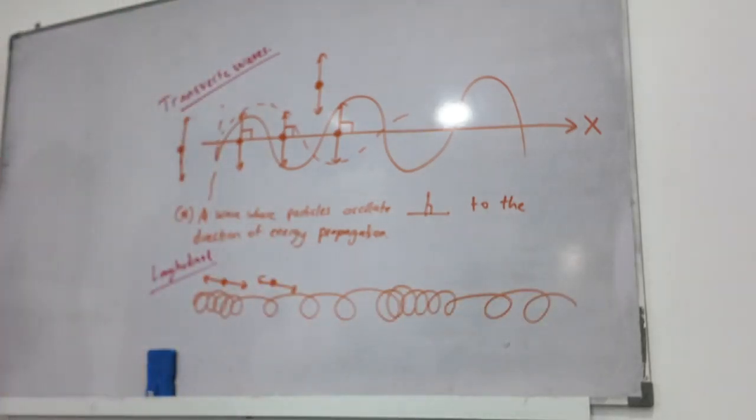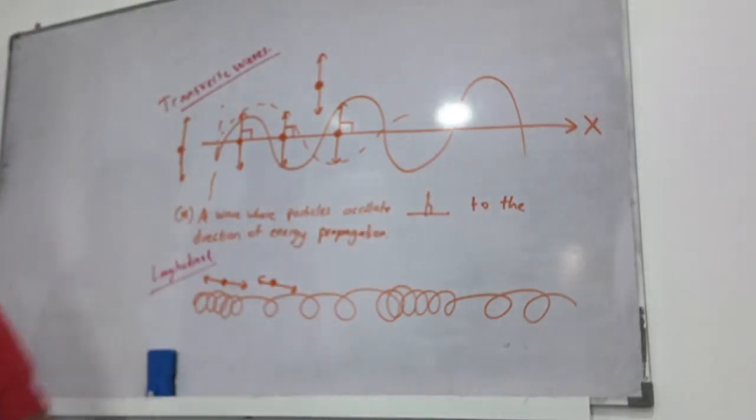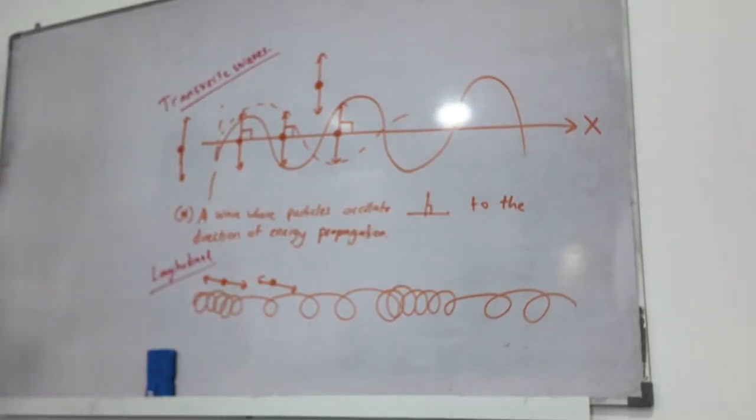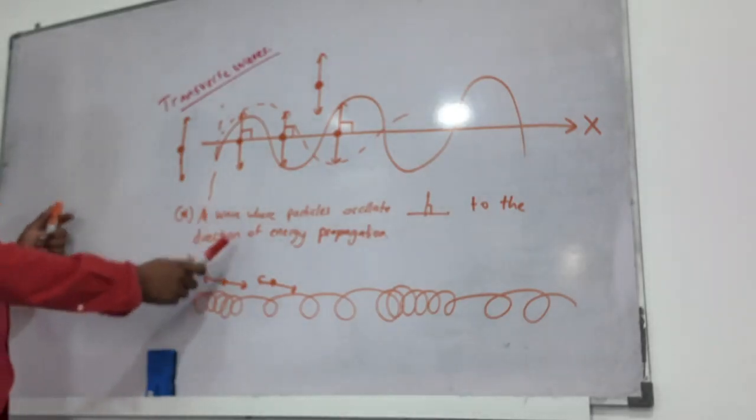Is it clear? It has to be clear for you guys. So this is for longitudinal waves. The definition: a wave where particles oscillate parallel to the direction of energy propagation. The particles move side to side. I think you can write it on your own for longitudinal waves.